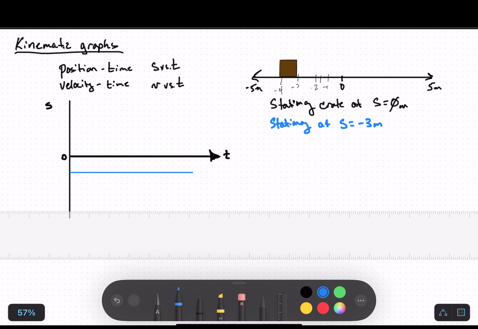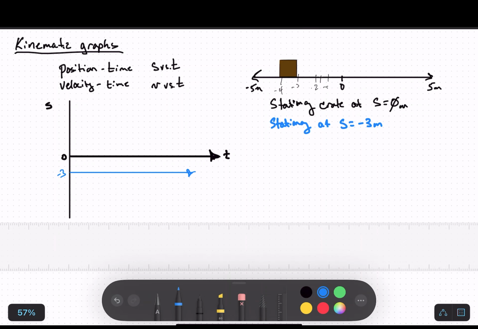As time goes on, its graph looks like that, right? Because its position equals negative 3, and time continues, so it's flat. It's stationary, and so its position is not changing.